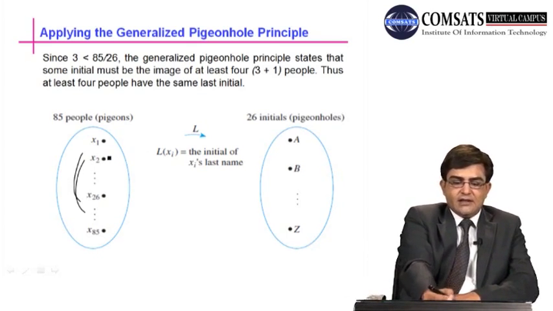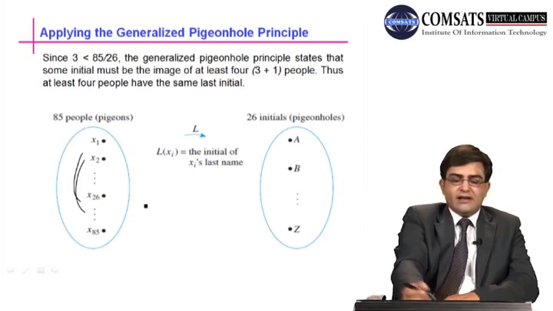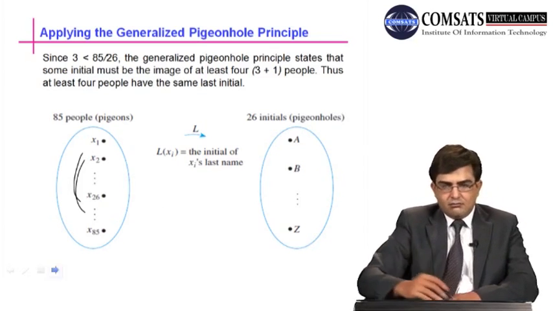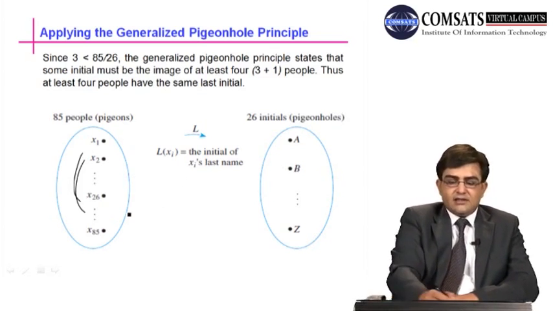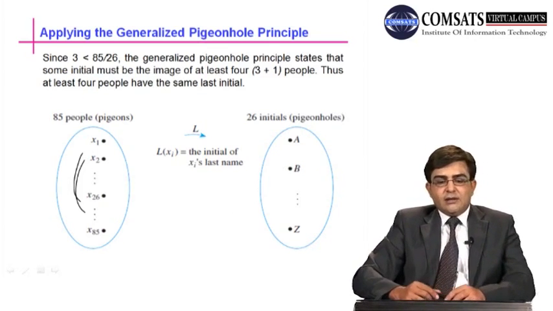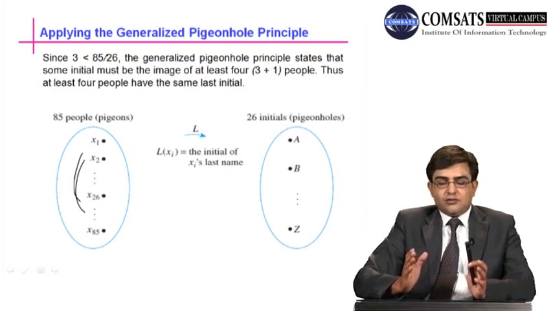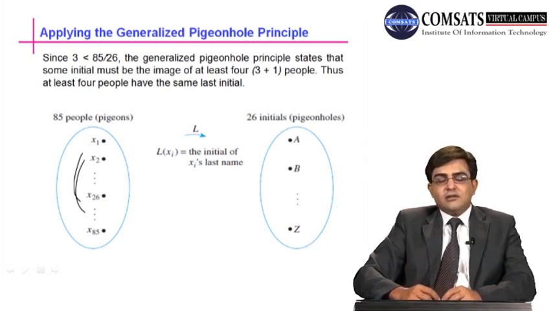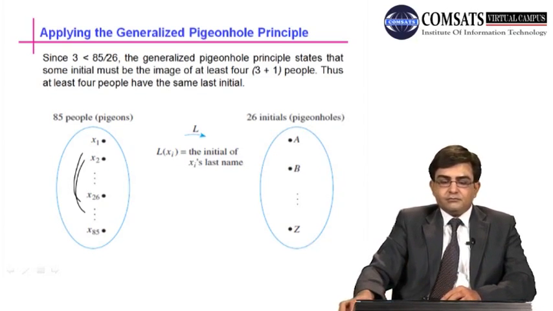For example, x2, x3, x4 and x19, whatever, have the same initials. So this is how we can apply the generalized pigeonhole principle to evaluate and solve such types of problems.